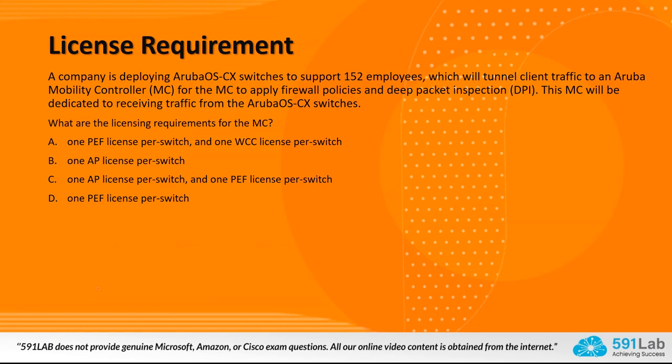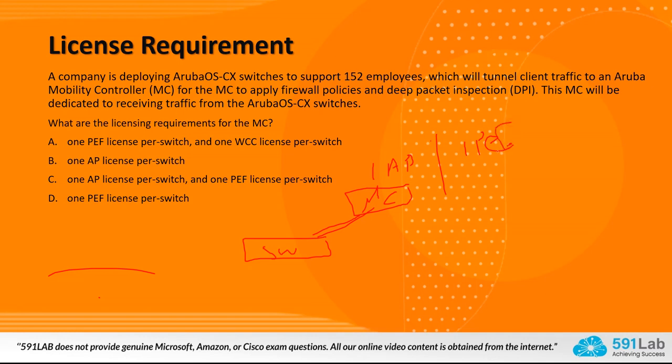So if we're having one switch, here's the switch and here's the controller MC. Basically, if we are tunneling traffic between the switch and the controller, it will require one AP license per switch, and if we are to apply any firewall policies, we would need one PEF license per switch.